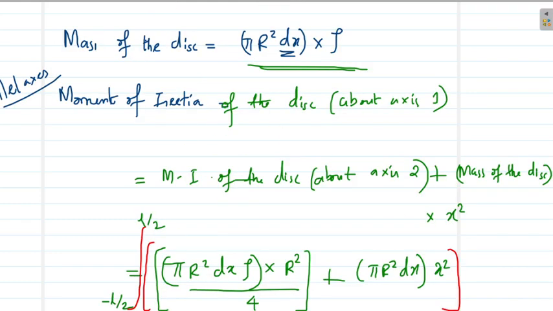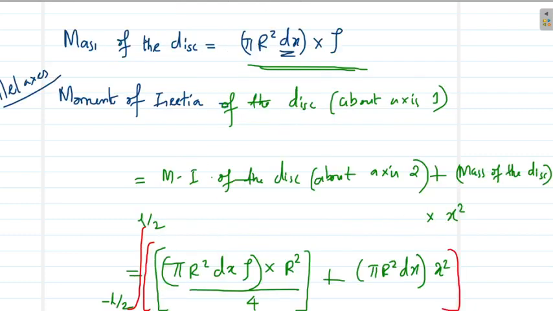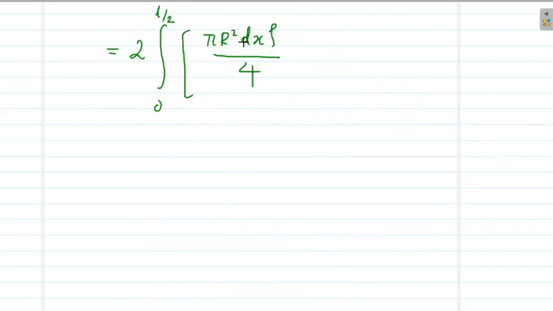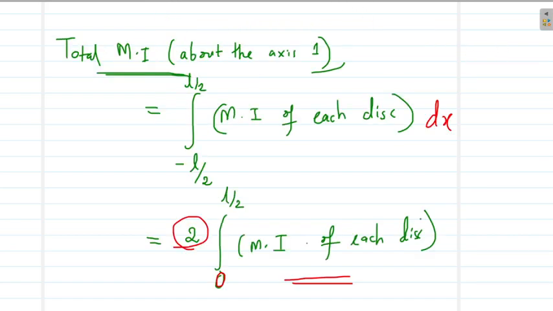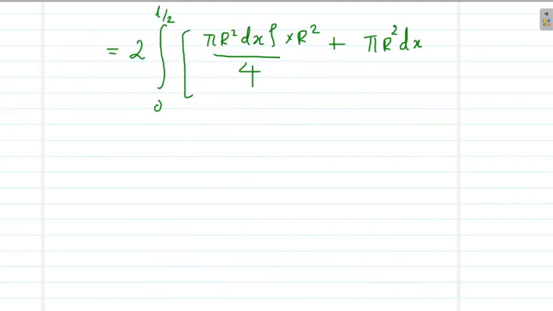The term is pi r square dx into rho, divided by 4, multiplied by r square, plus pi r square dx into rho, multiplied by x square. Here a rho factor is there. This is the mass: pi r square dx into rho, multiplied by x square.